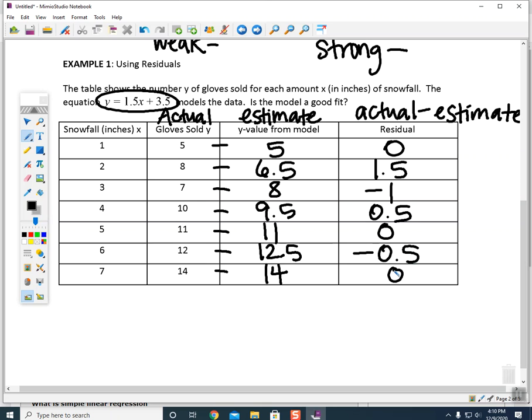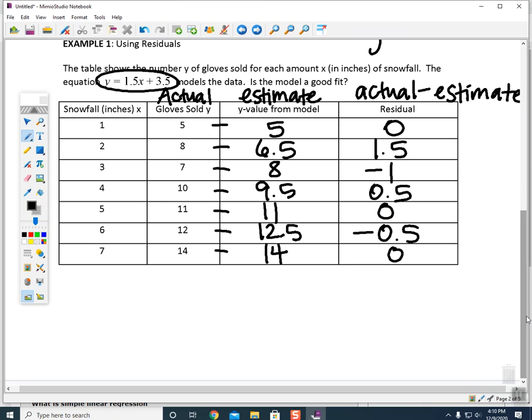So I could look at all of these and tell right away that this is going to be a pretty good model, right? But this is where I'm going to use an example of my total residual.